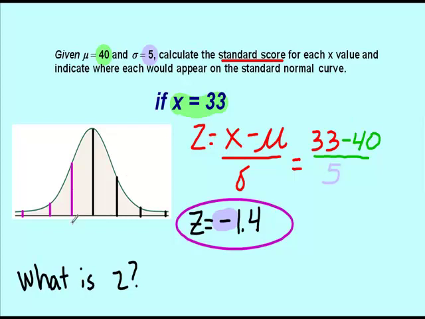Here's 1. Here's 2. It's in between them. So we would say that this z-score falls right about here. That's where we find z equals negative 1.4. Negative 1.4 standard deviations below the mean.